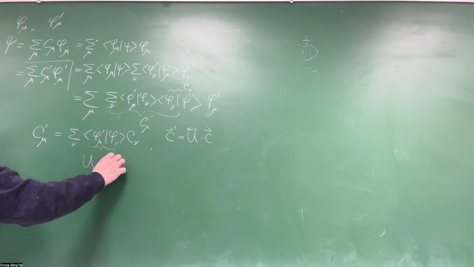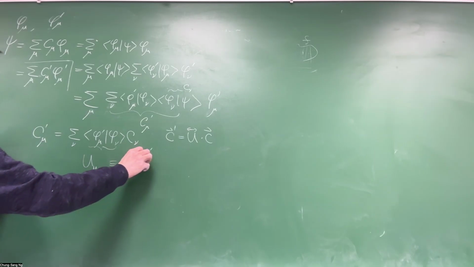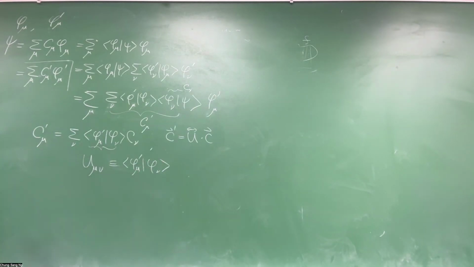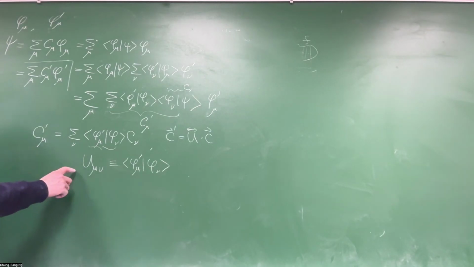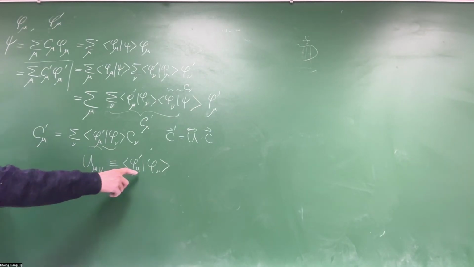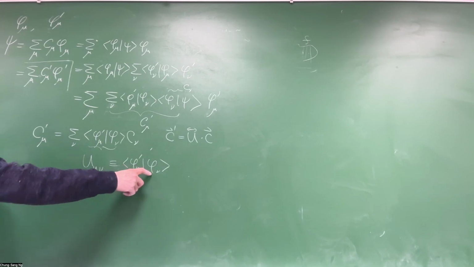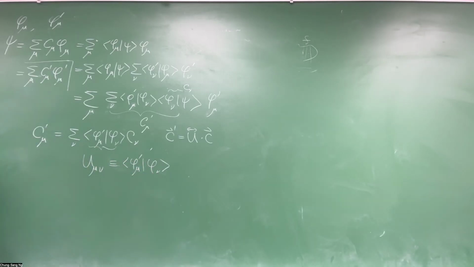This U mu nu is defined as the scalar product between the new basis and the old basis.